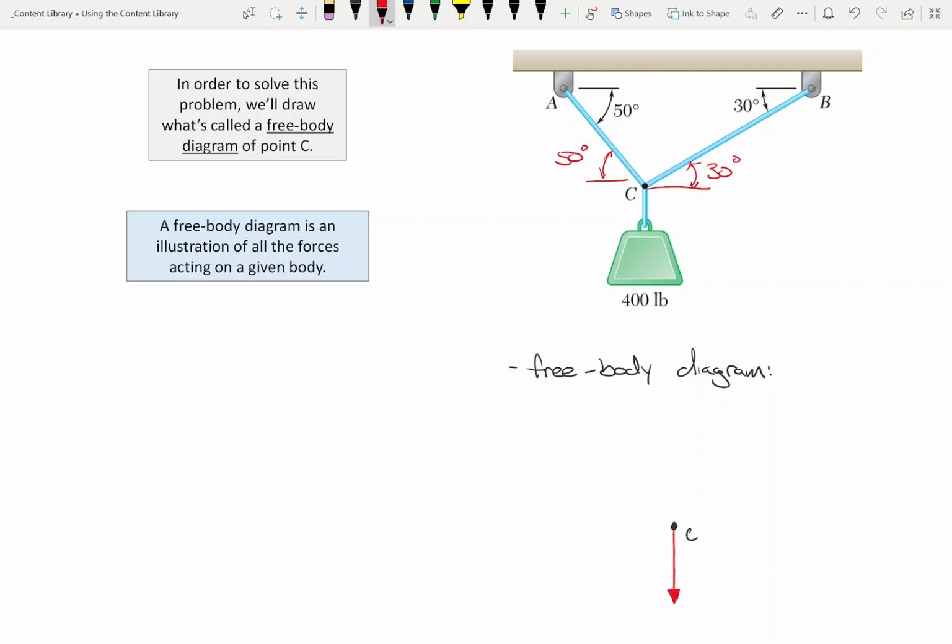I'm going to call this W. And I'm calling it W because I'm using that for weight. Because that's the weight of this block here. But I've got two forces that are going like this.